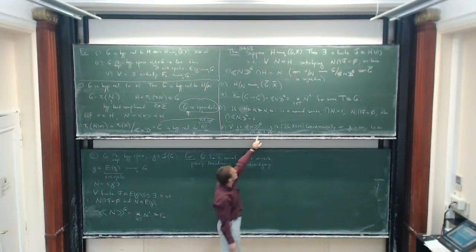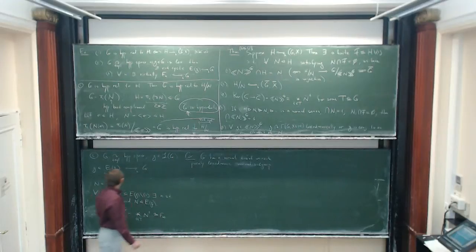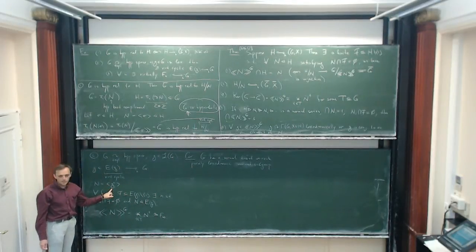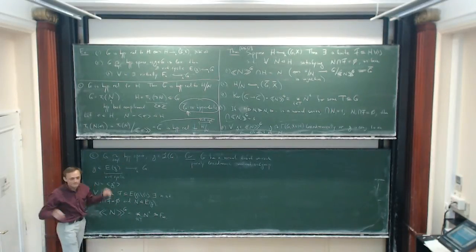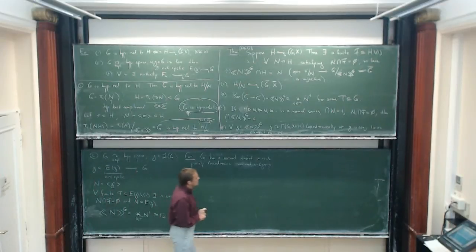And if g is conjugate to an element of N, remember N consists of loxodromic elements, then it's loxodromic just obviously.